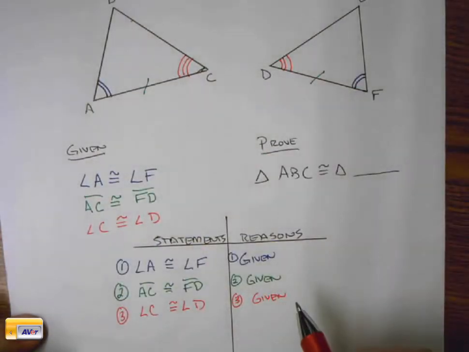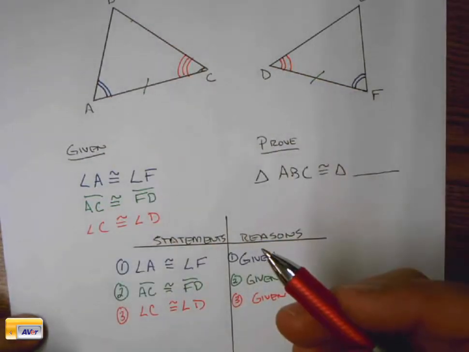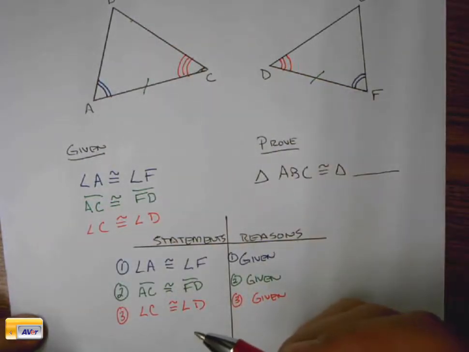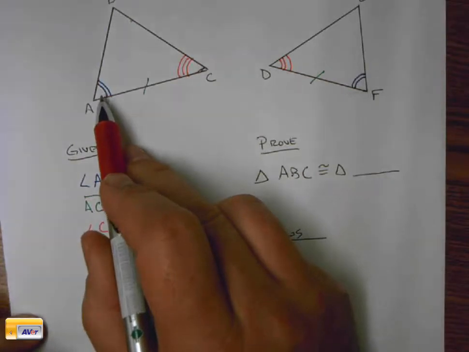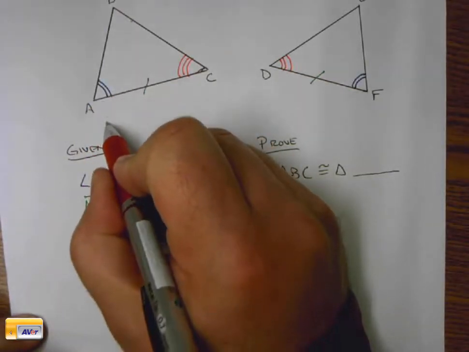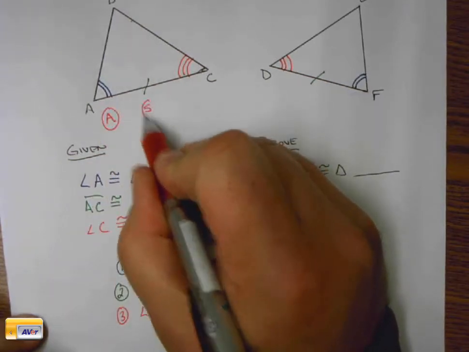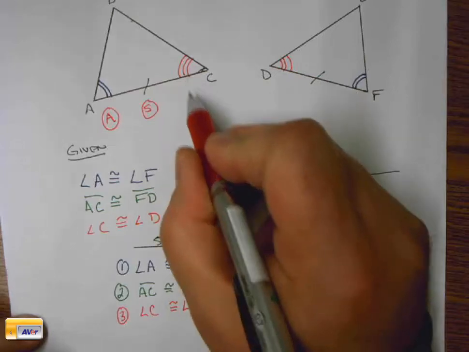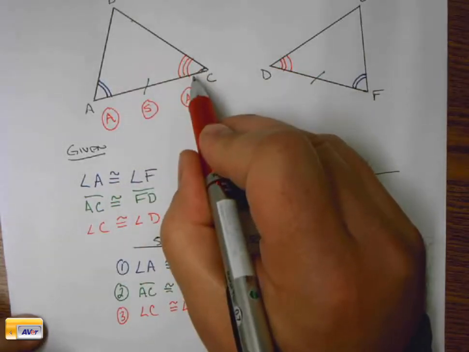And given this picture, I can now determine, with the information given, if that information is sufficient to prove the triangles are congruent. In this particular case, as we do with our Mario Kart, as I drive around here, I see that I pick up an A for this angle being congruent, I pick up an S for this side being congruent, and I pick up another A for this angle being congruent.